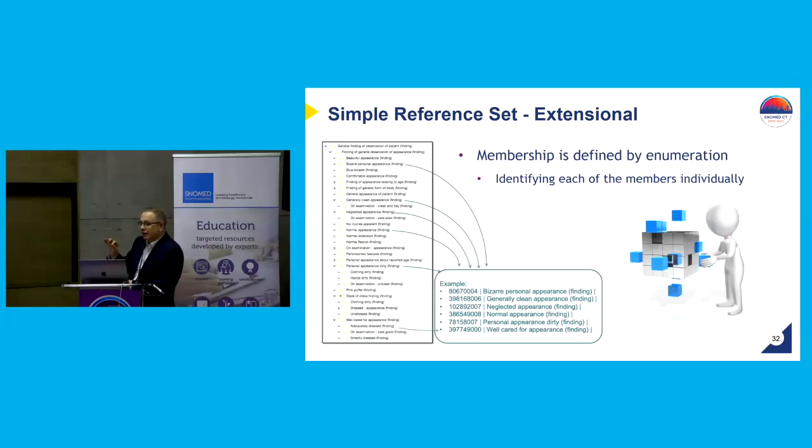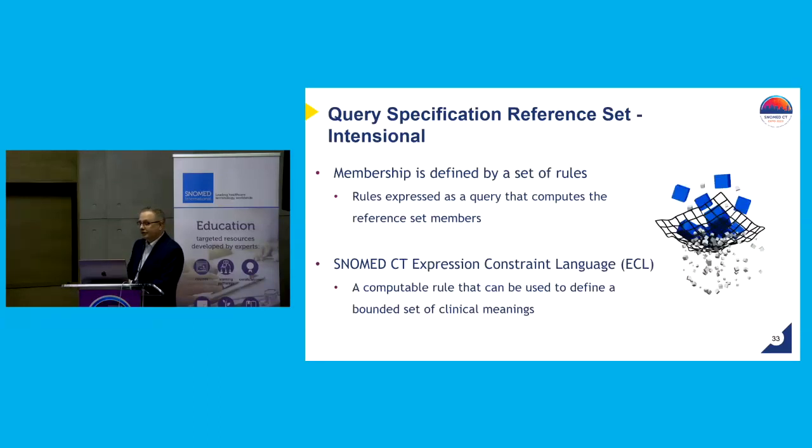You may want to pick certain items from the hierarchy to go into that reference set. But what's even more powerful with SNOMED is that a lot of the time you don't want to just cherry pick those concepts. A lot of the time you may want to define what's in the subset by using a way of computing the data.